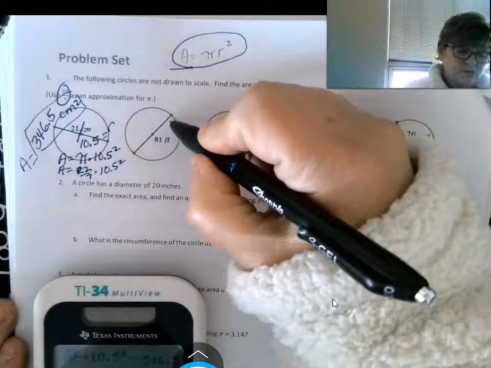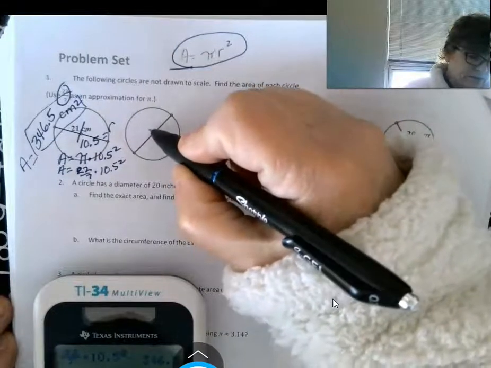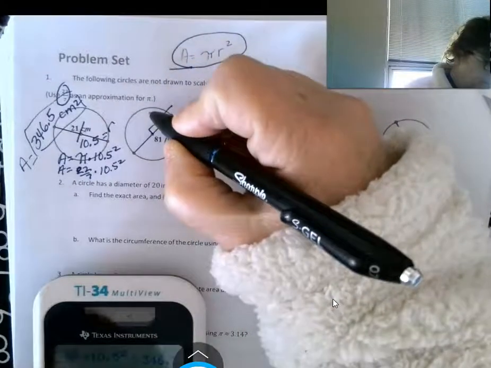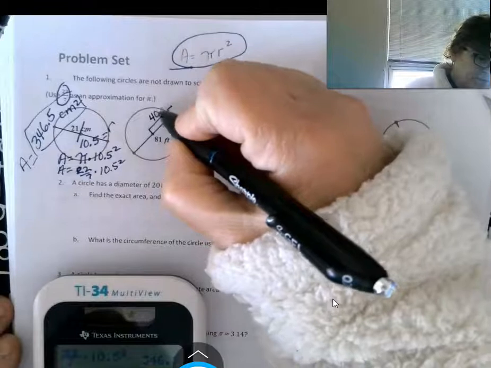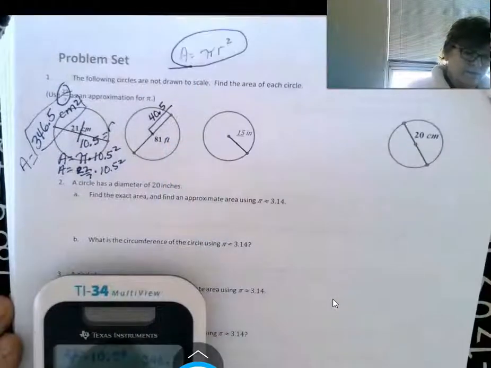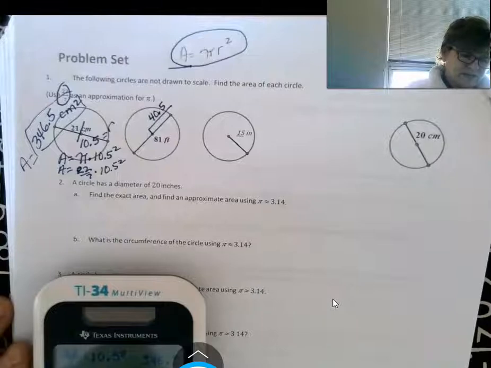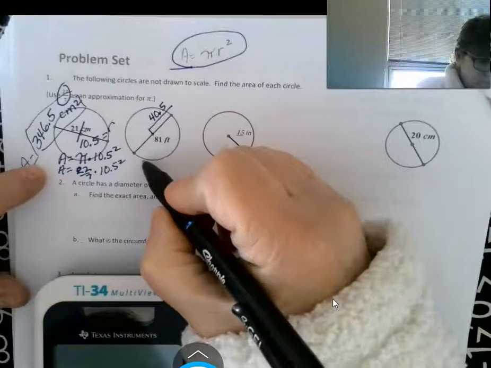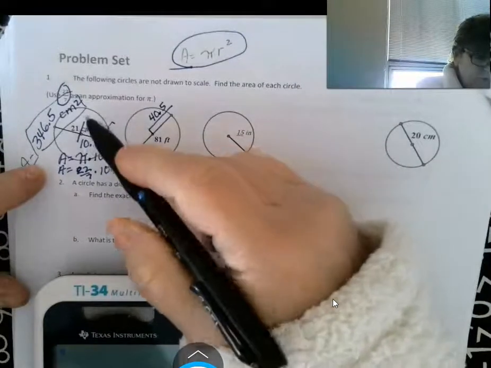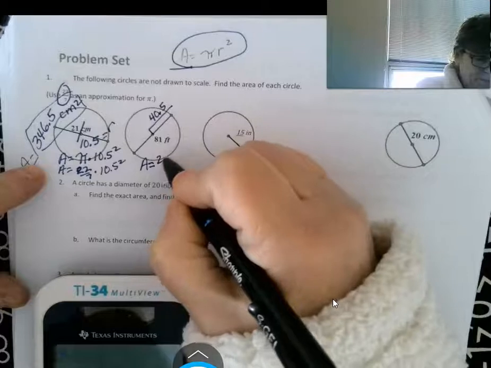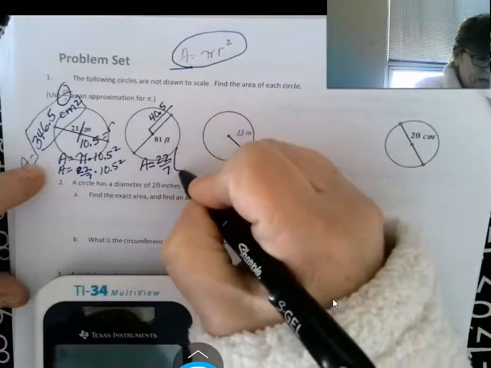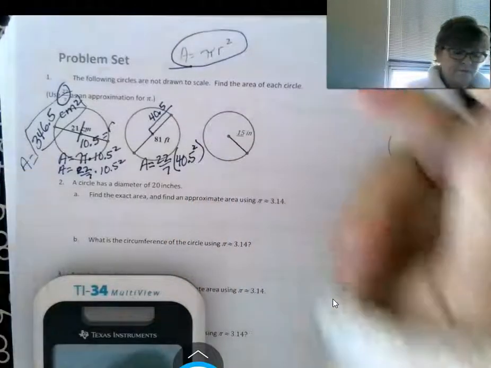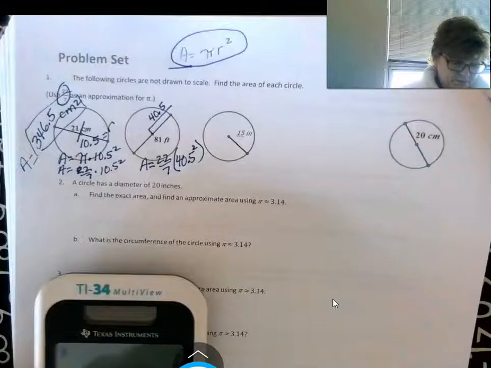If the diameter is 81 feet, then the radius is half of that, which is 40.5. So, going back to our formula, A equals, we're using 22/7 for pi, times 40.5 squared.